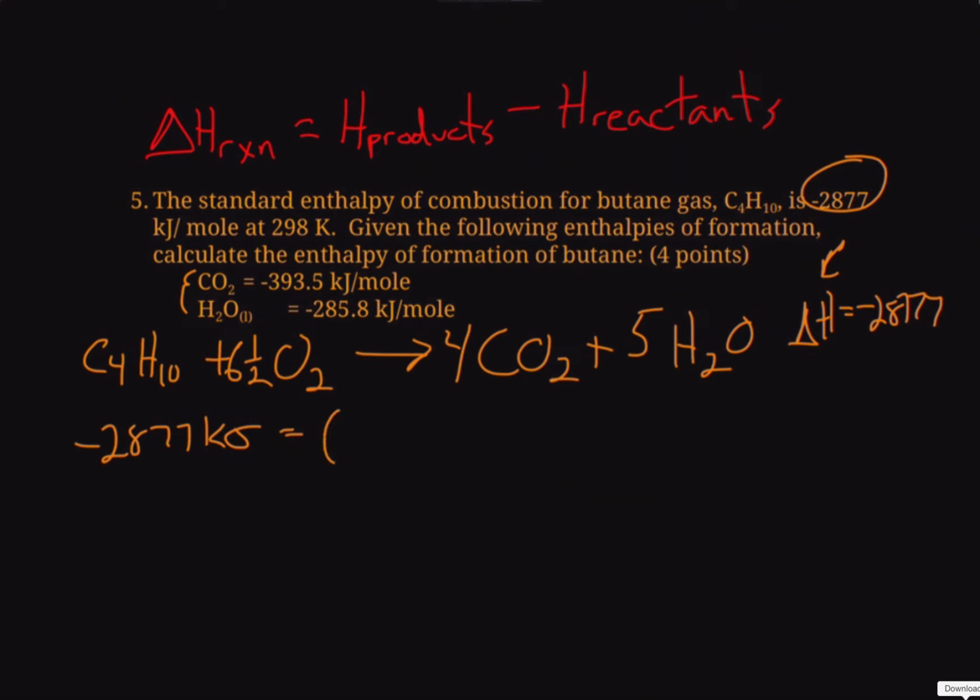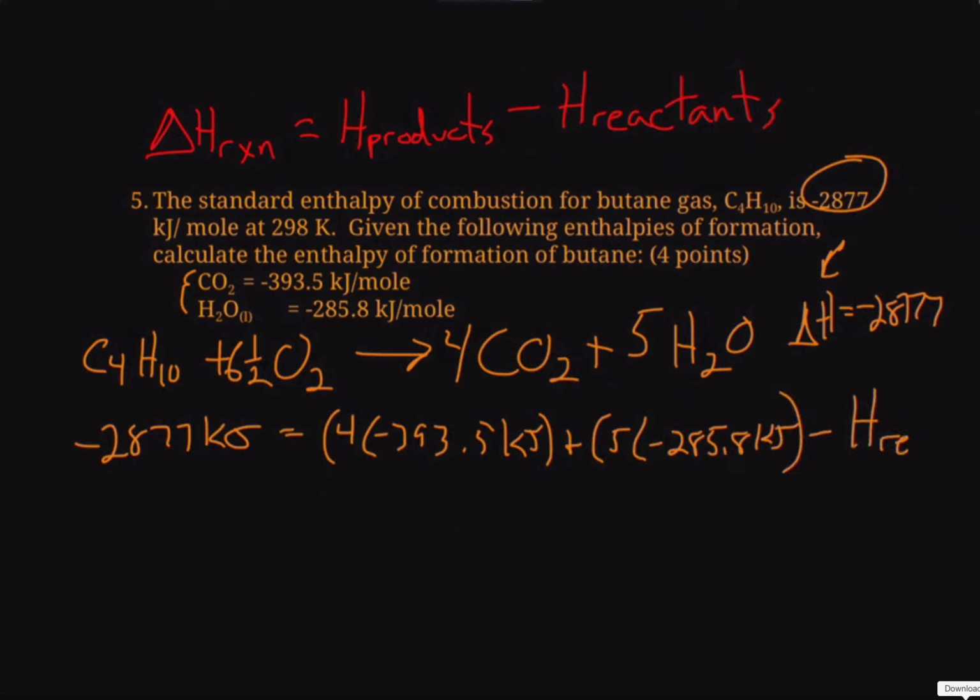So the heat of formation of 4 moles of CO2, so 4 times negative 393.5 kilojoules, plus the heat of formation of 5 moles of water, so 5 times negative 285.8 kilojoules, minus the heat of the reactants.